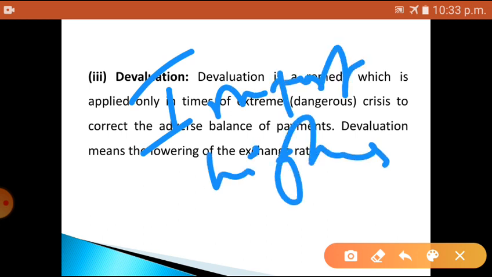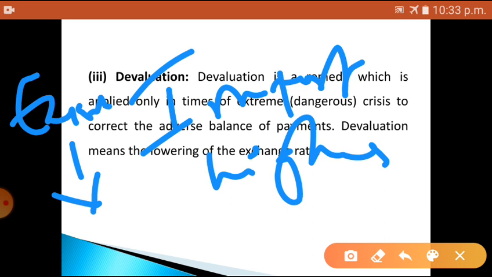This method is adopted so that export prices will be lower or cheaper, and on the other hand import prices will be high. So devaluation raises exports and lowers imports.